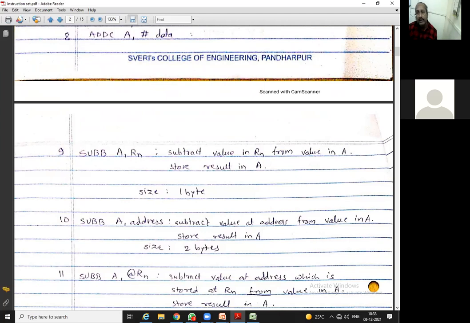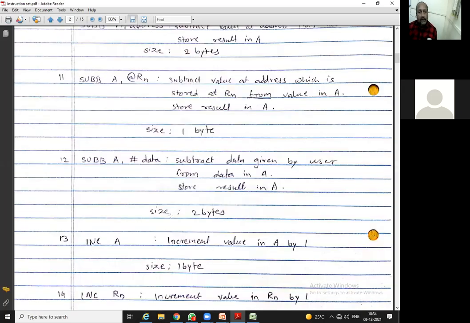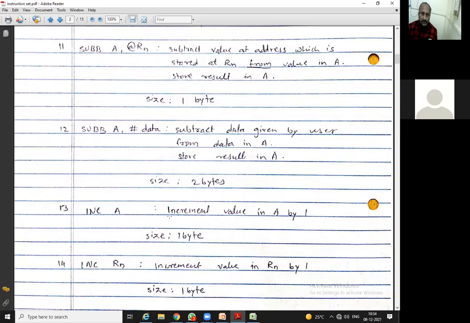That is, subtract the value in Rn from the value in A and store the result in A. Then all the similar addressing modes are used for SUBB also: SUBB A, address. One space must be there between the mnemonic and the operand. Okay, so SUBB A, @Ri, SUBB A, #data, like that. So addition and subtraction instructions are over.